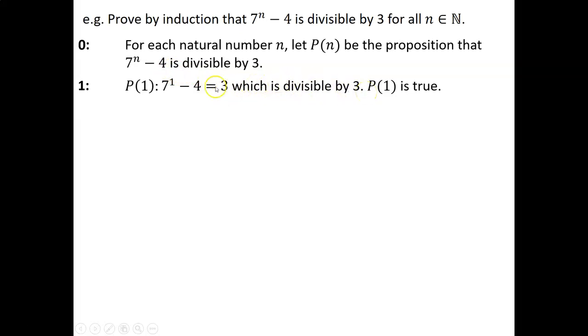If you don't want to write which is divisible by, what you could do instead is write which equals 3a, for integer a. I need to use a letter that I'm not going to use later.